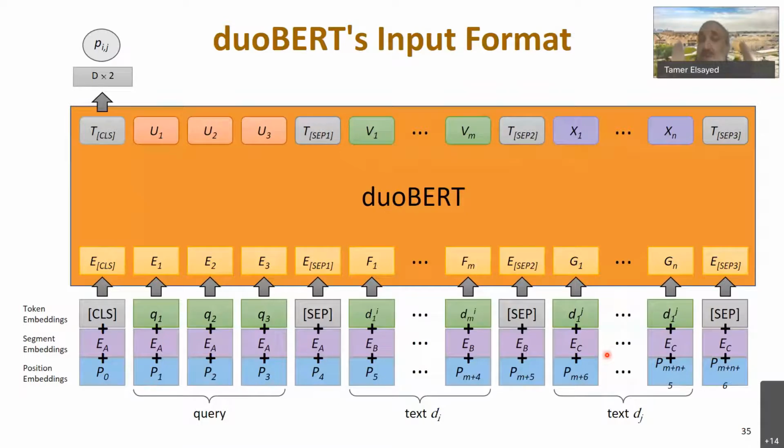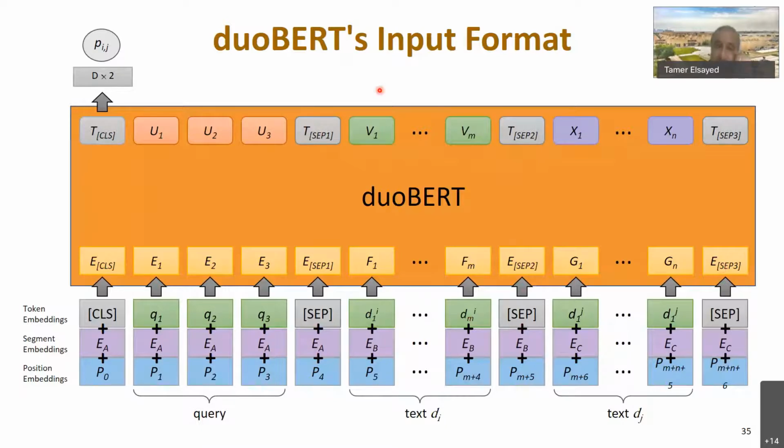We are still using the original BERT, but we are fine-tuning it in a different way. So the input here will be two texts and one query, and there is a separator between the query and the first one, and between the first one and the second one, and a separator at the end, of course.